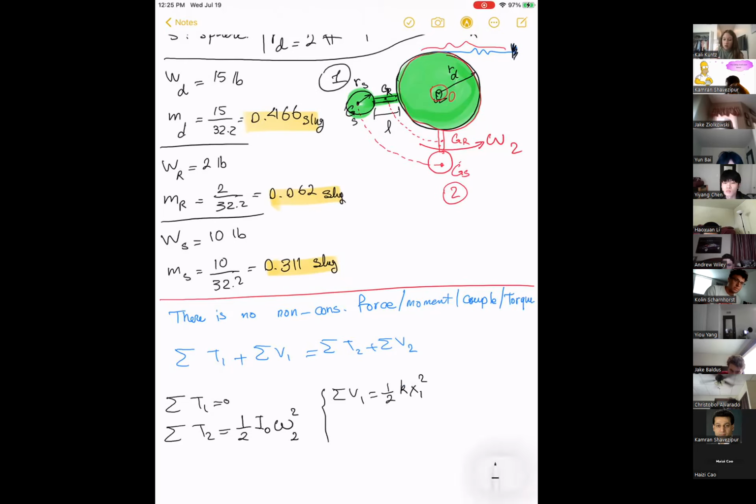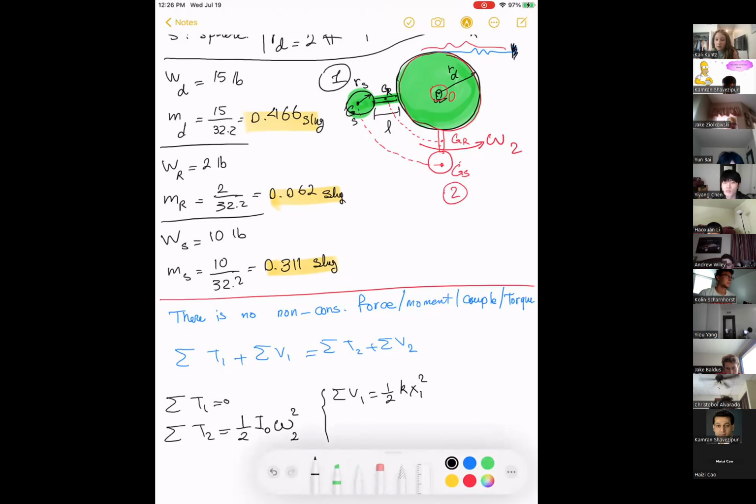How much is it in position 1? How much is the gravitational energy in position 1? Can I say 0? That depends on the reference. Exactly. I have to have the reference first.